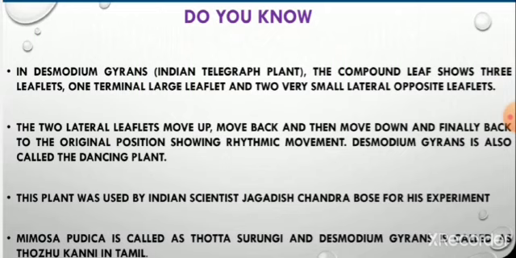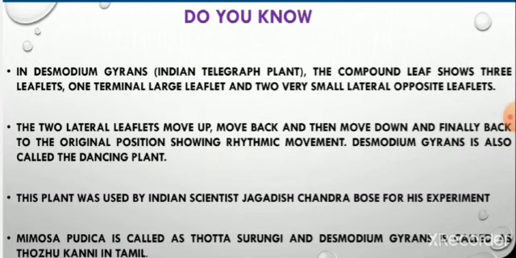Because of this rhythmic movement, this Desmodium gyrans is also called the dancing plant, because they move up, move back, move down, and finally come to their original position.